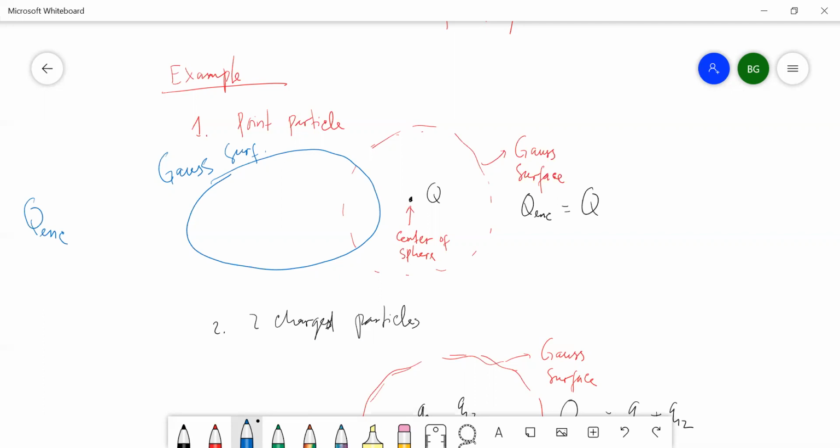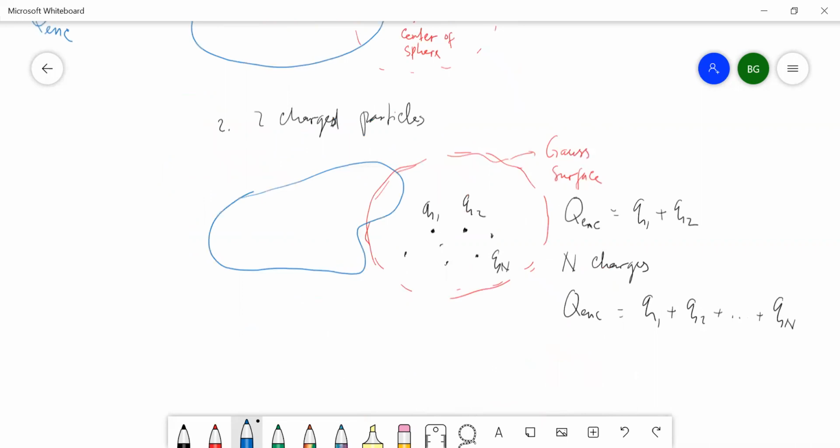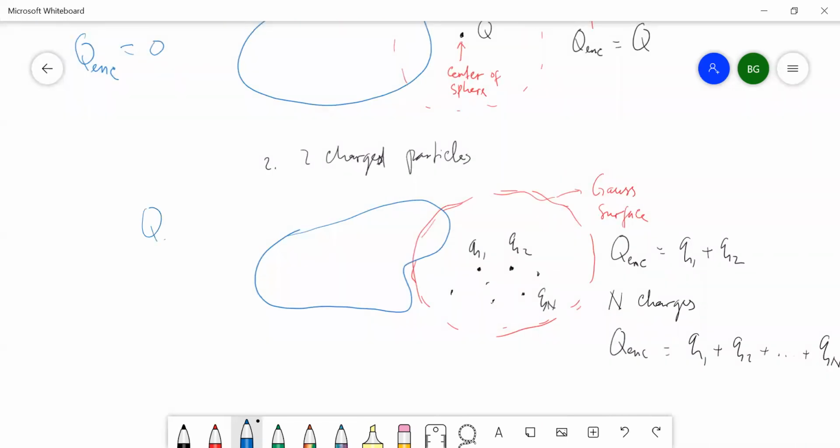So it means that this surface doesn't cover any charge, so this Q enclosed is 0. This one also, for example, if we take any arbitrary Gauss surface that doesn't cover any charge, this Q enclosed is also 0.